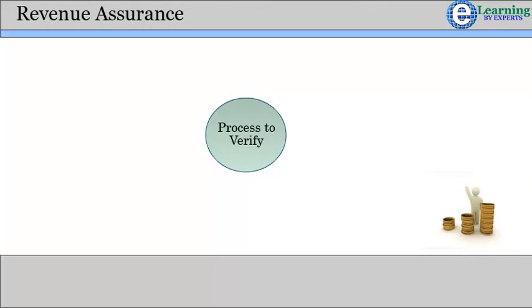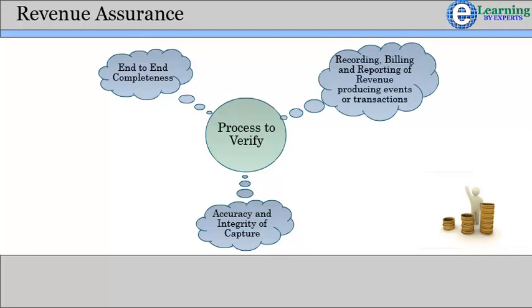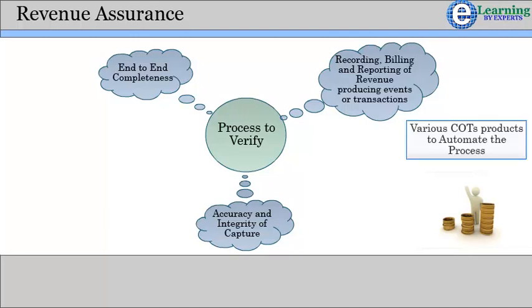By definition, revenue assurance is a process to verify the end-to-end completeness, accuracy, and integrity of the capture, recording, billing, and reporting of all revenue-producing events or transactions, from product development, customer acquisition and order entry all the way through collection. There are various COTS products available in the market which help in automating this process.